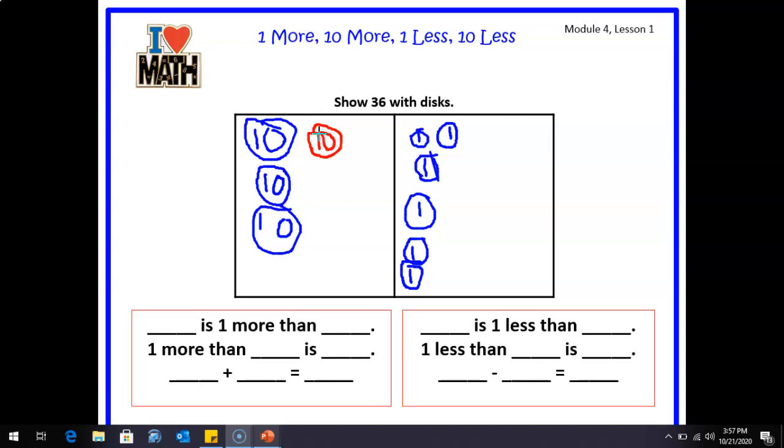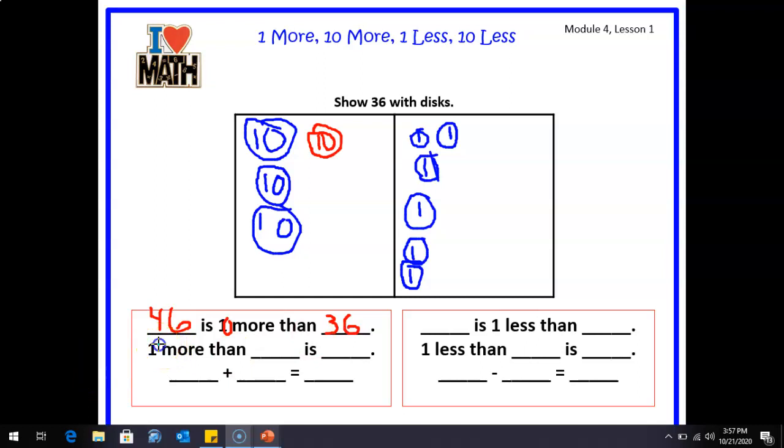So I'm going to use a sentence frame, but instead of doing 1, I'm going to use 10. I have to focus on this one because this is the one that says more. I added. So I can say 36 plus 10 is 46, boys and girls. So I can say 46 is 10 more than 36.